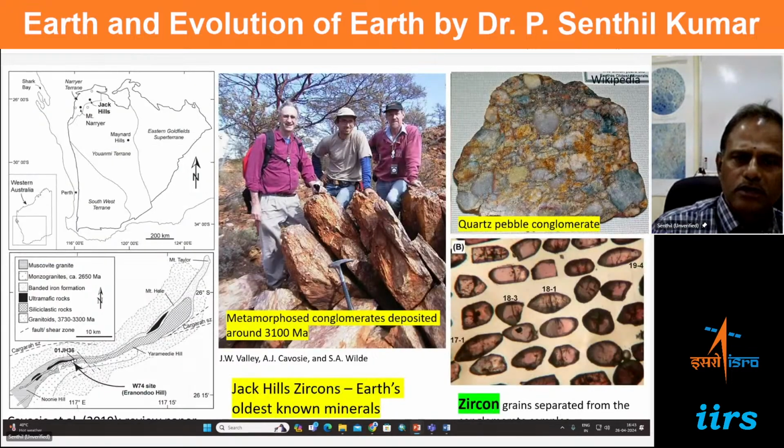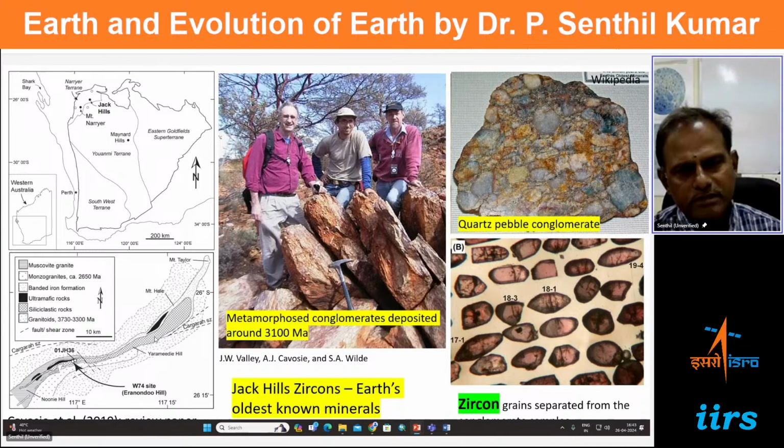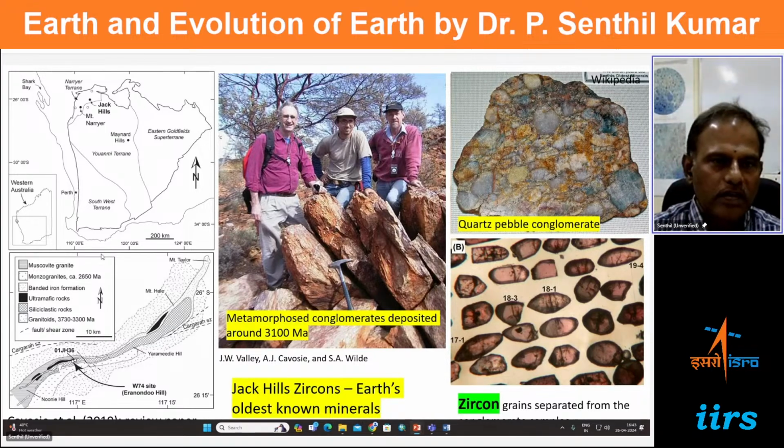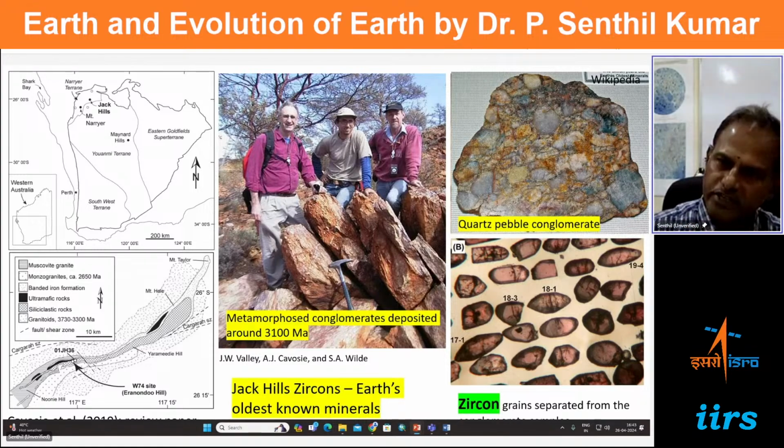Second, some scientists from Australia collected some samples from southwestern Australia. This is a rock called conglomerate. They powdered it and separated a mineral called zircon. This is a very strong and highly resistant mineral. It gives the correct age of the origin of this particular mineral.